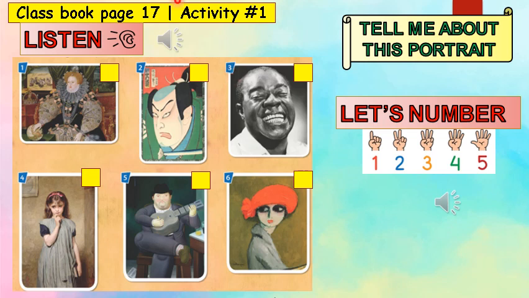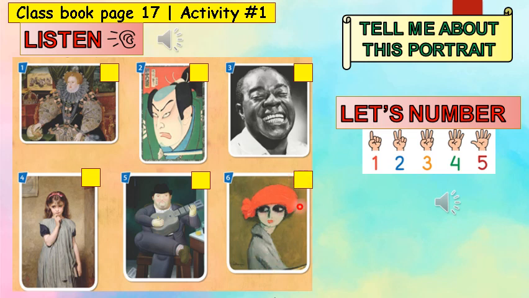Look at this. So, I heard that she seems to be serious and she has a red hat. Yes, so a red hat and a serious face. Look at this.